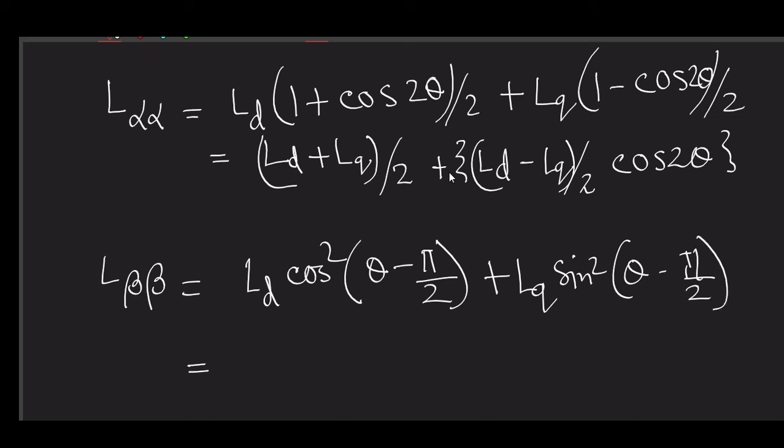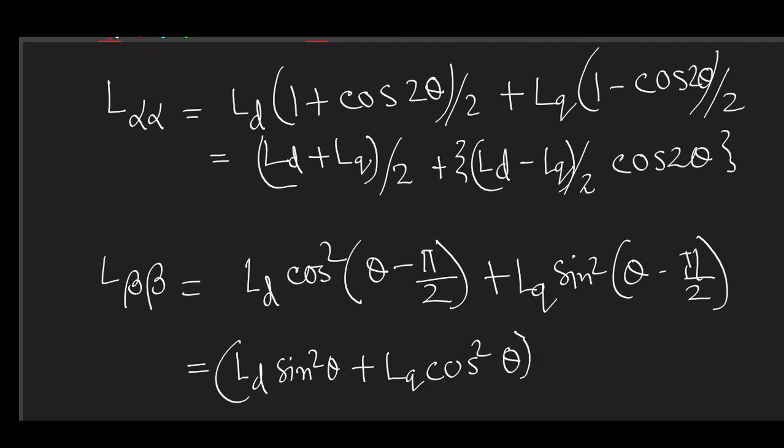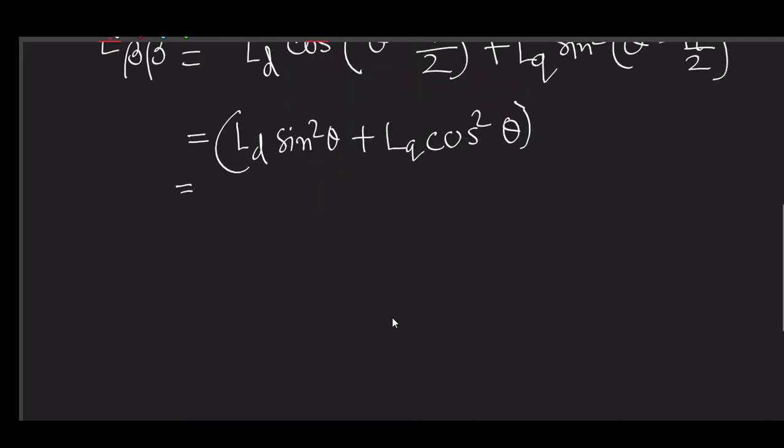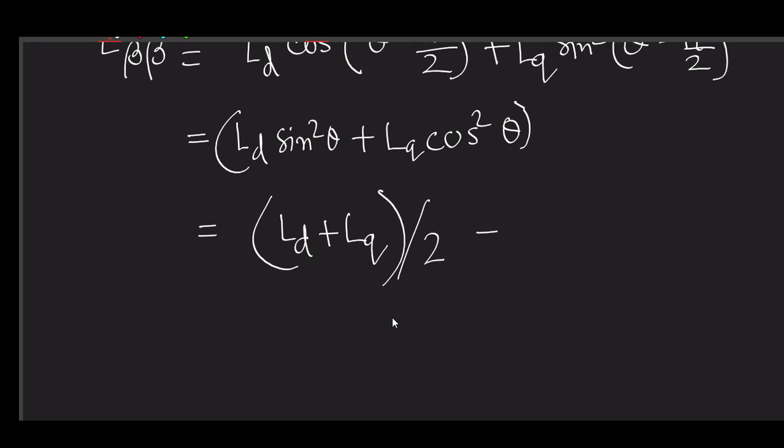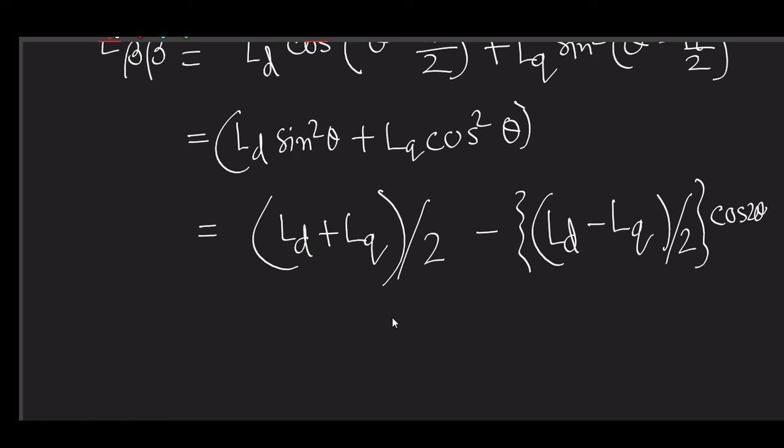So if you do, you will get that same thing: LD sine square theta plus LQ cosine square theta, and that can be written like (LD plus LQ)/2 minus (LD minus LQ)/2 cosine 2 theta.